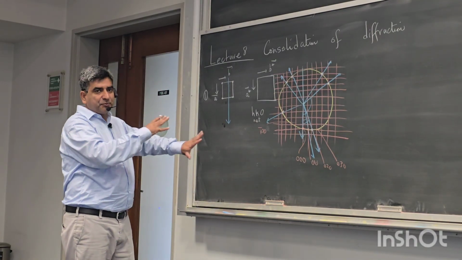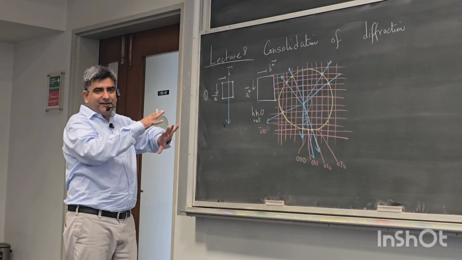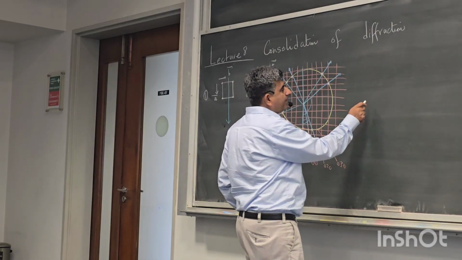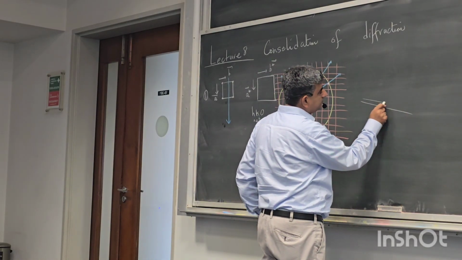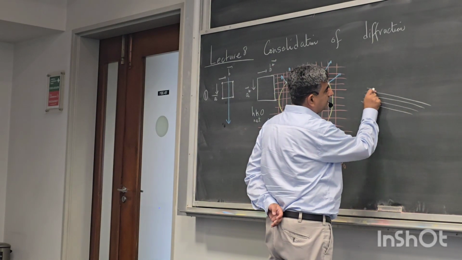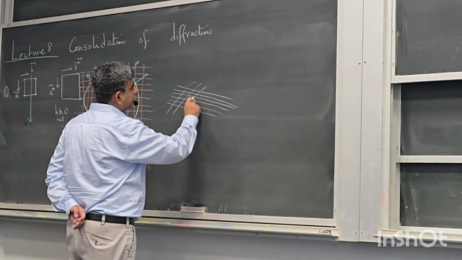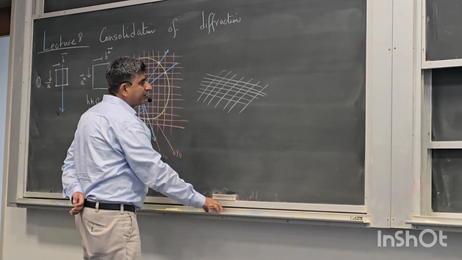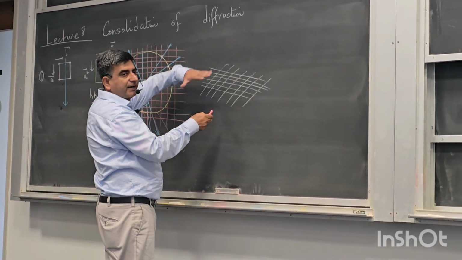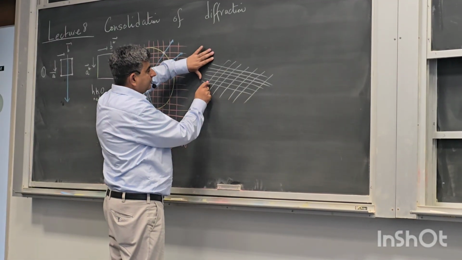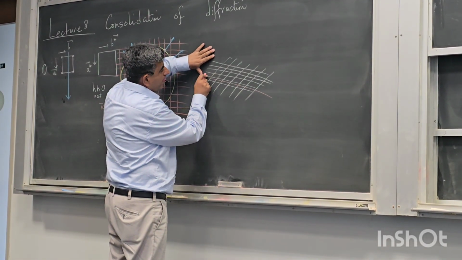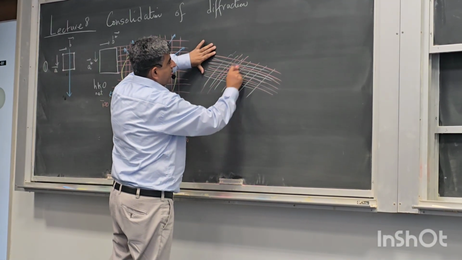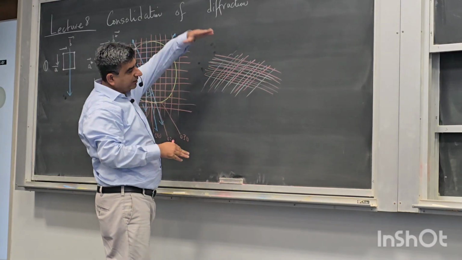Now, but this reciprocal lattice is really three-dimensional. So if I have, say, let me try to draw. This is a reciprocal lattice net in 2D. There is going to be a corresponding net just above it, right? And a corresponding net just above it.